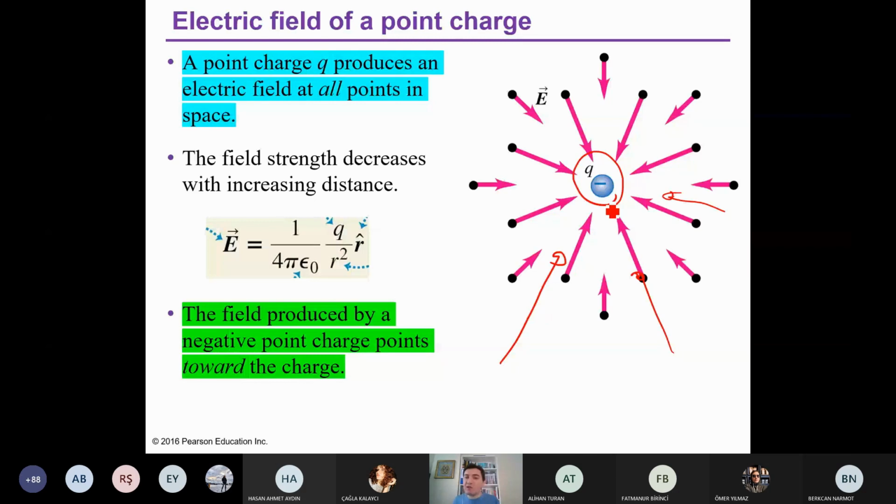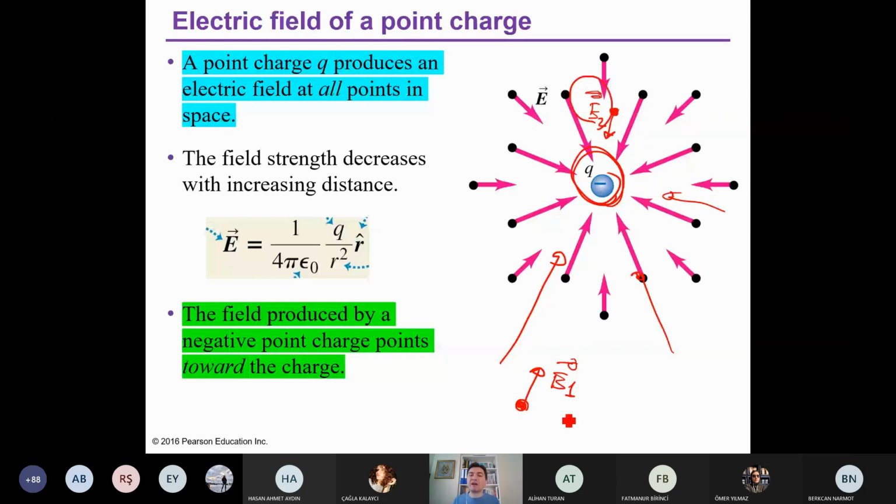And what about the magnitude of the electric field? Here, let's say we have another point, and here we have electric field, let's say this is E1, and here we have another point, and we have electric field E2. What about the magnitude of these electric fields? Are they the same or different?